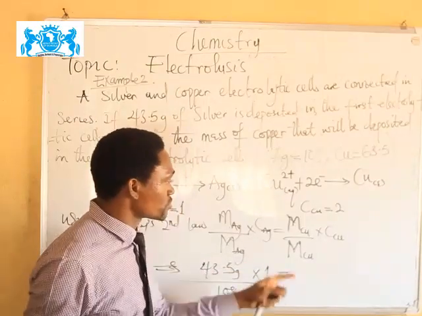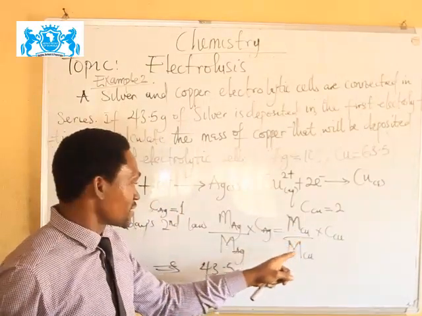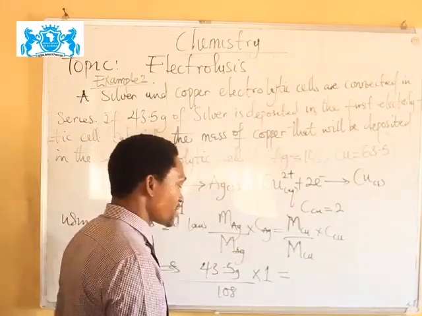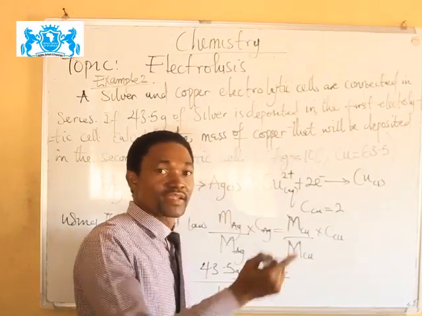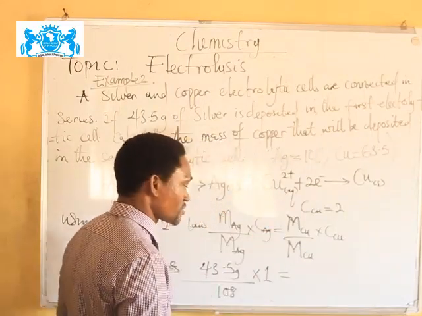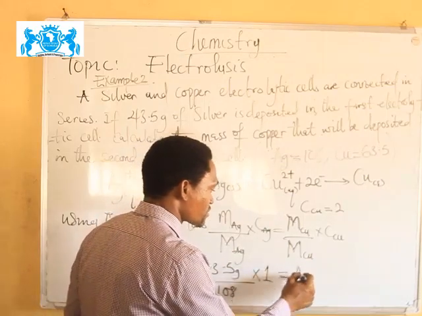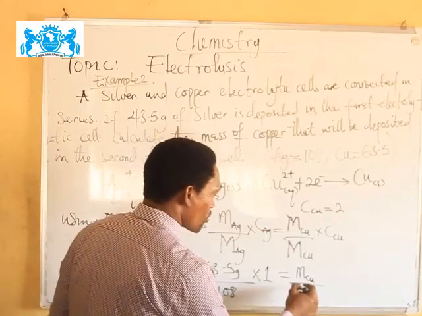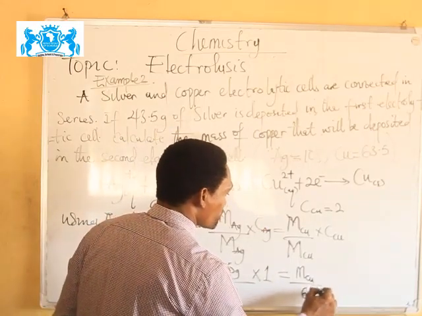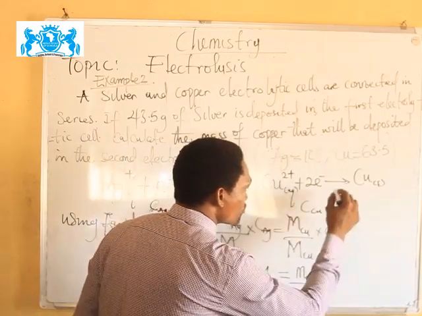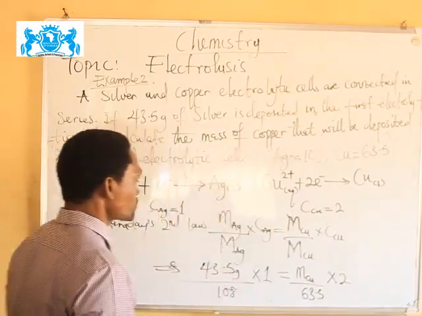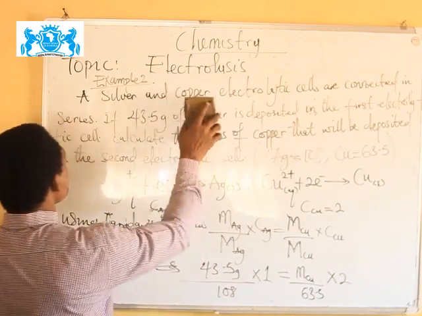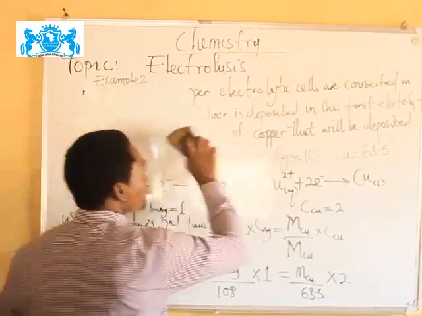This is equal to the mass of copper, which is what we are looking for: the mass of copper that will be deposited by the same quantity of electricity flowing through those electrolytic cells connected in series. So I have m(Cu), which we're going to make the subject of the formula, all over 63.5 times C(Cu), which is equal to 2.